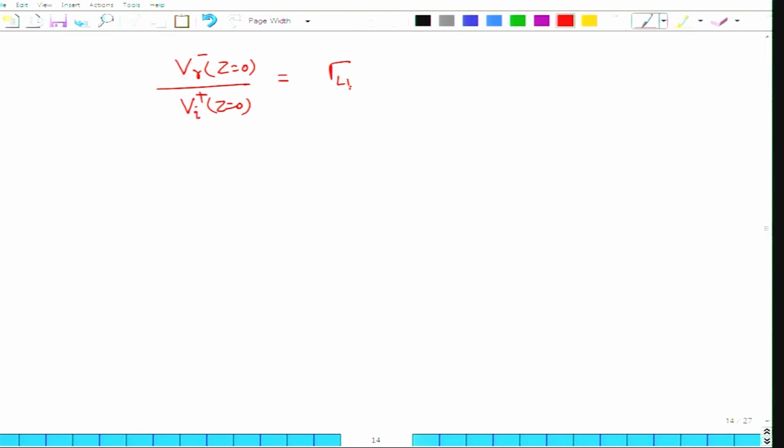Since there are only two transmission lines, it is understood that this is the reflection coefficient at the first transmission line. Therefore, I will remove this subscript 1, call this gamma L, and gamma L is now given by (ZL parallel minus Z01) by (ZL parallel plus Z01).